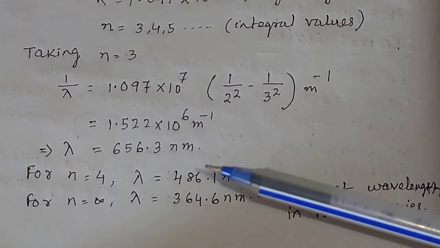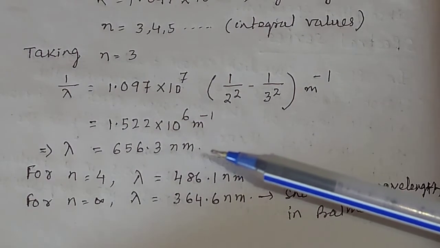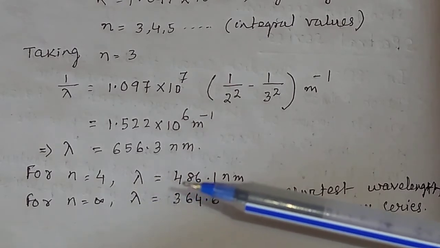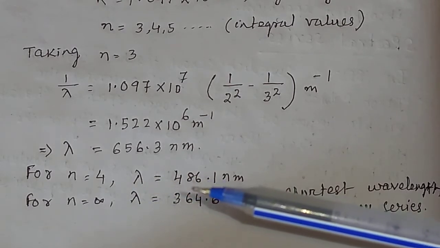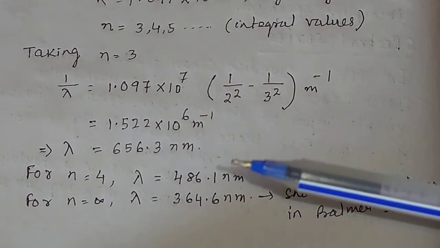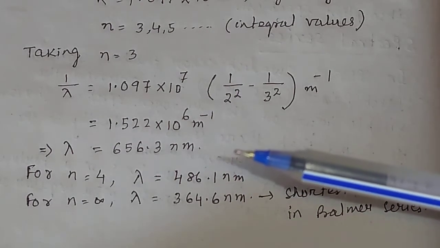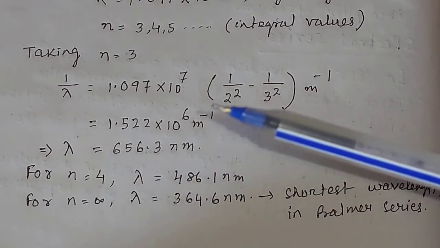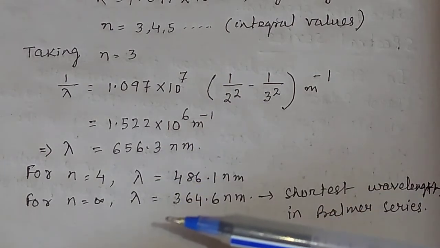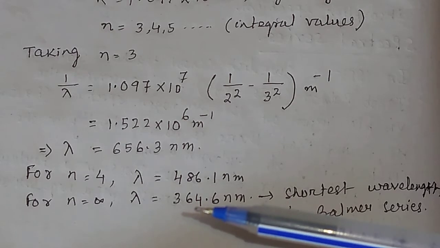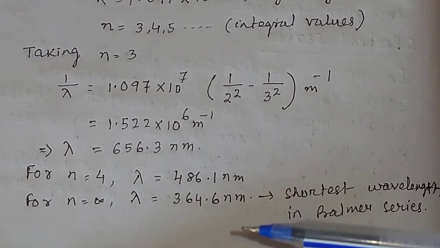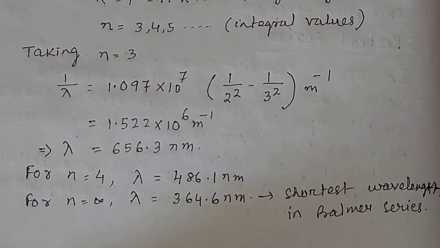This wavelength corresponds to the H alpha line. Similarly, if you put n equal to 4, you will get lambda equal to 486.1 nanometer, the blue-green line, that is the H beta line. And if you put n equal to infinity, then lambda will be equal to 364.6 nanometer, which is the shortest wavelength in the Balmer series.